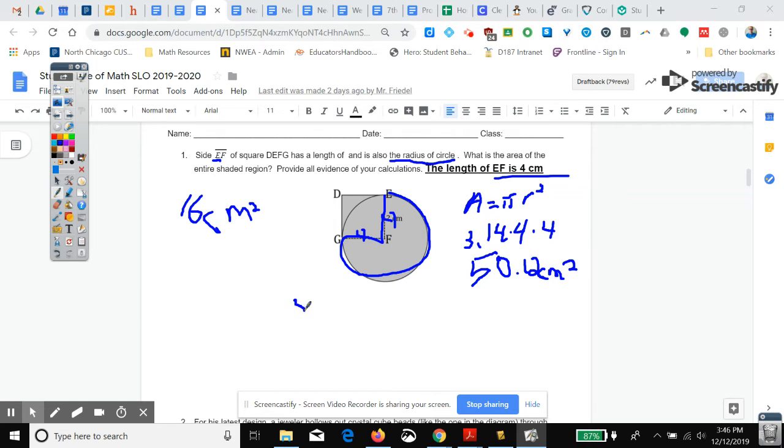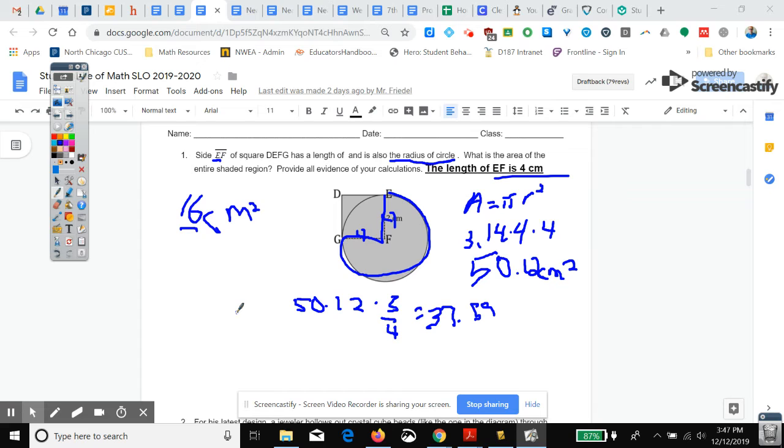So now I'm going to do 50.12 times 3/4, which is 37.59 centimeters squared, and then I add that to the 16.